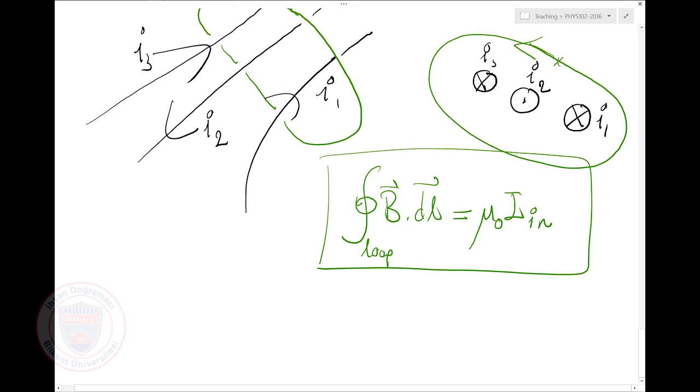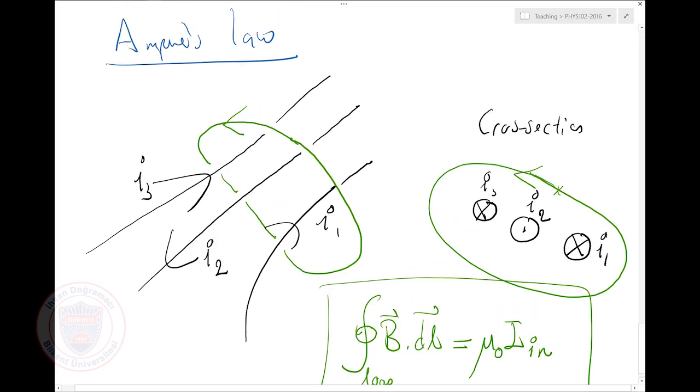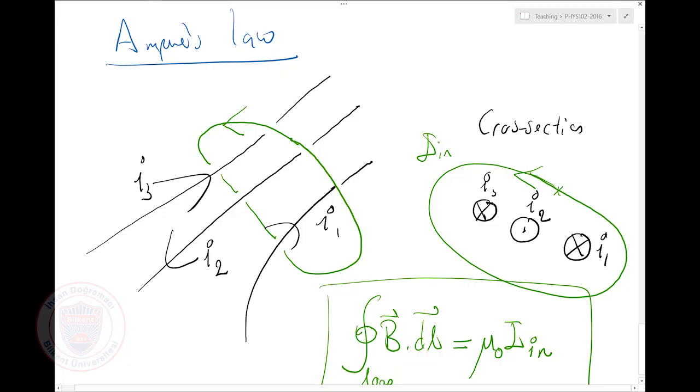Don't worry about it. But let me make one more thing clear. What is I in? I in is the total current passing through my loop, but there is a sense. My loop, this is called my Amperian loop, it has a sense of rotation here. So the sense of the loop is coming out of the board.